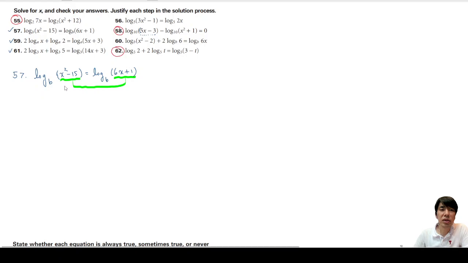So this simply comes down to x squared minus 15 is equal to 6x plus 1. I'm going to move everything to the left-hand side. x squared minus 6x minus 16 is equal to 0. Can we factor this? Yes, it's x minus 8 times x plus 2 is equal to 0. So x is either 8 or negative 2.